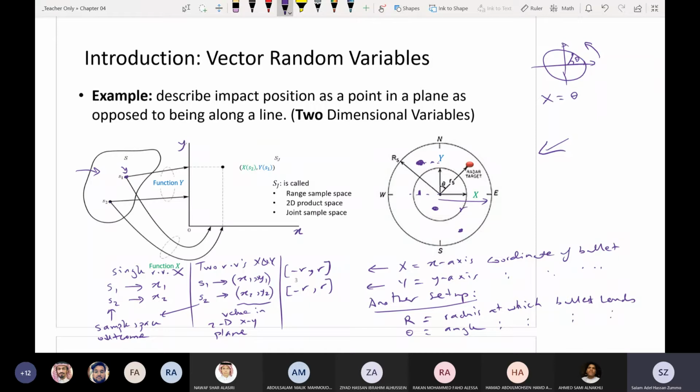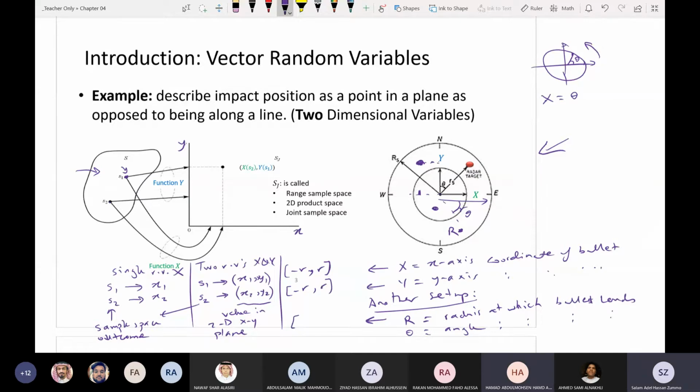So in this case, every time you look at where the bullet lands, you will check the theta and the R. So in this case, what is the range of R, Shabab?